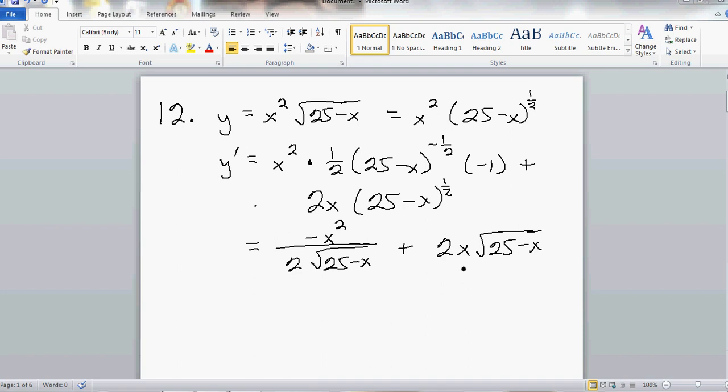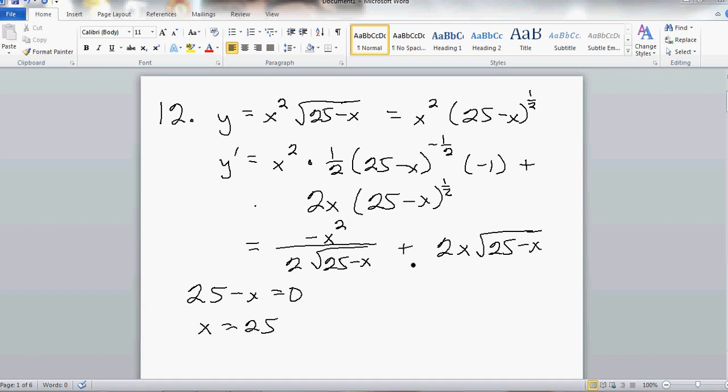Now, I do need to worry about where does this whole thing equal 0 and where it's undefined. Well, I know that it will be undefined whenever this is equal to 0, the 25 minus x. So that's not too difficult to do. Let's quickly calculate that. 25 minus x equals 0 is a problem, and so that means x equals 25. So that is one of the critical points.